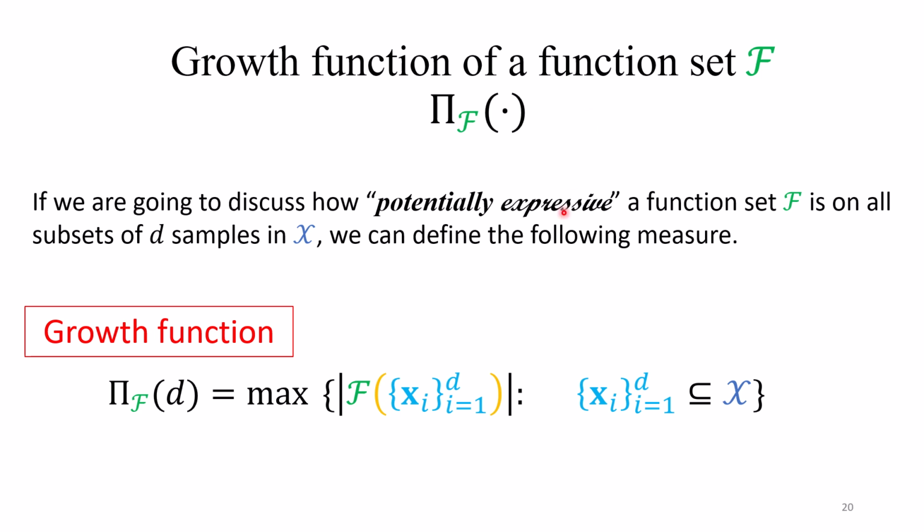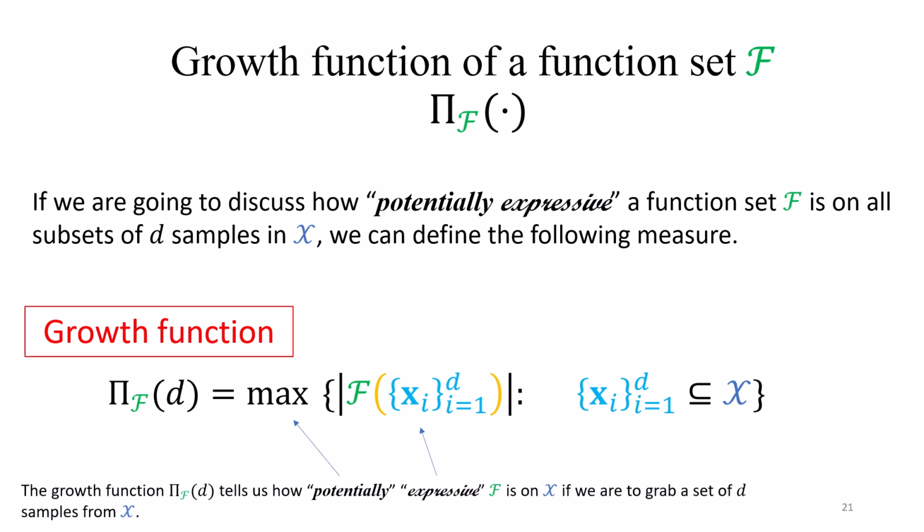And this leads us to the idea of the growth function. Essentially, if we are to discuss how potentially expressive a function set F is on all subsets of d samples in X, we can find the maximum cardinality of this set, where the set of d samples is still from X. So potentially pretty much means maximum size in this context.